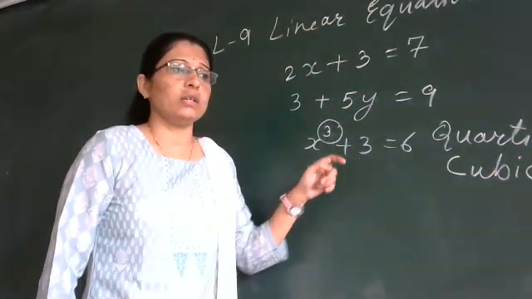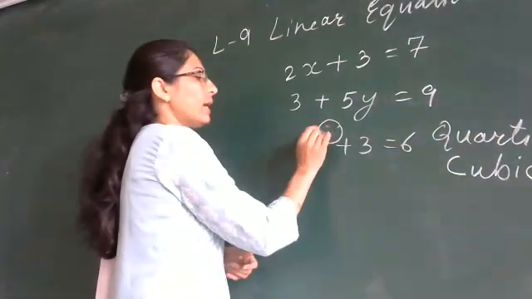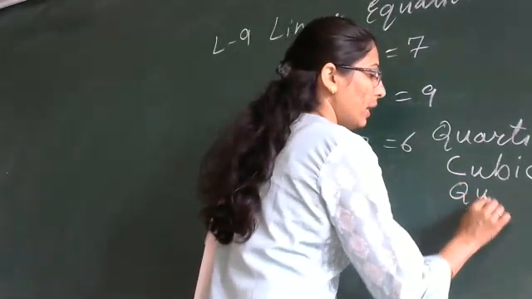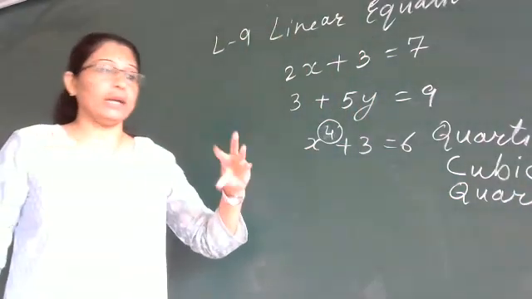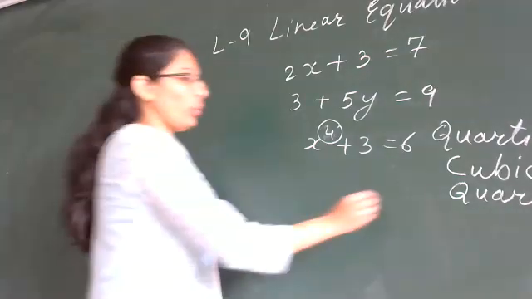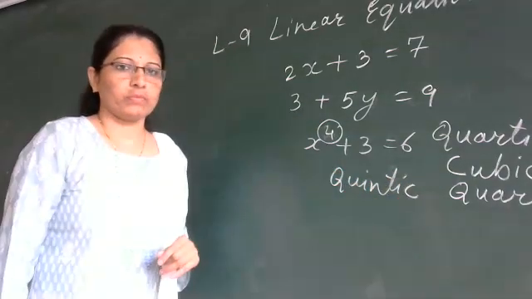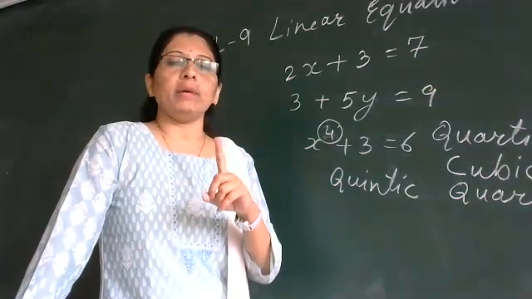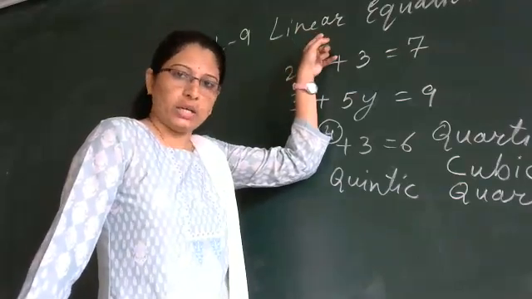If power 4 is there, it is known as quartic equation. And if power is 5, those are known as quintic equation.